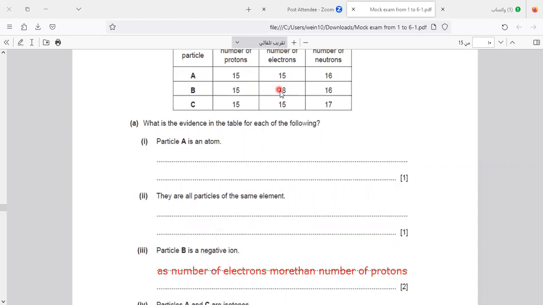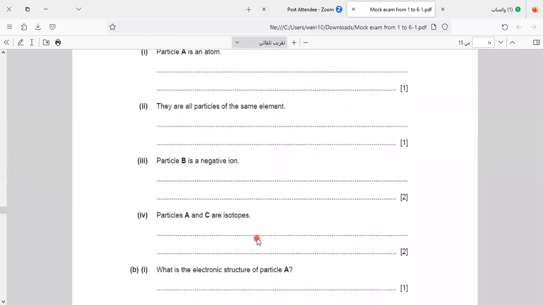As you see, 18 electrons and 15 protons. If you need to mention it has 18, after writing this you need to write extra information: because it has 18 electrons and more than 15 protons. That's okay. So this is a negative ion. As you know, negative is 3 ion.